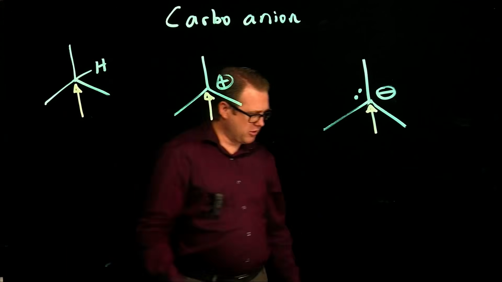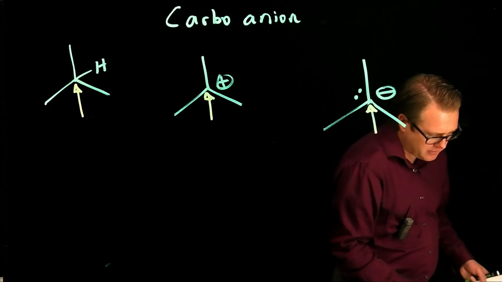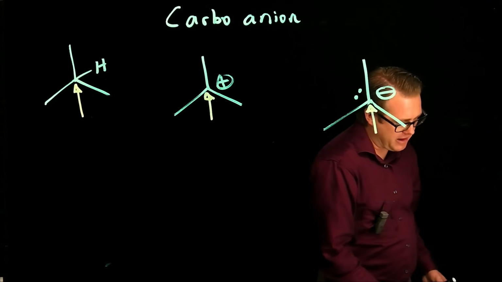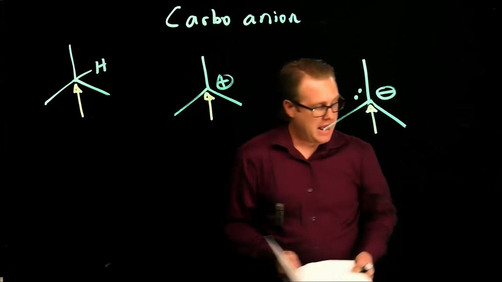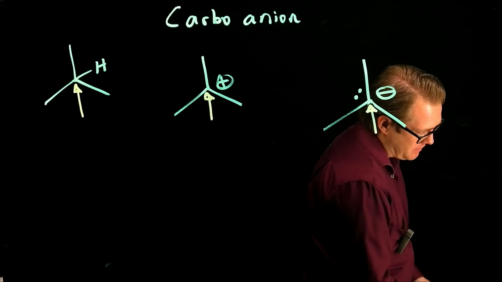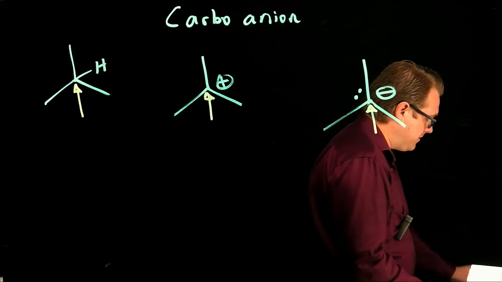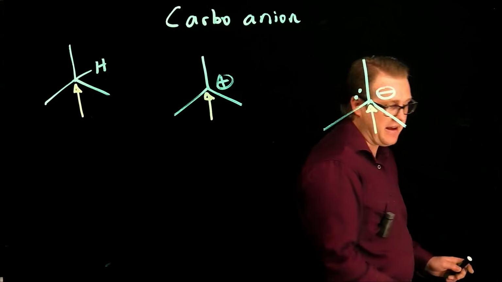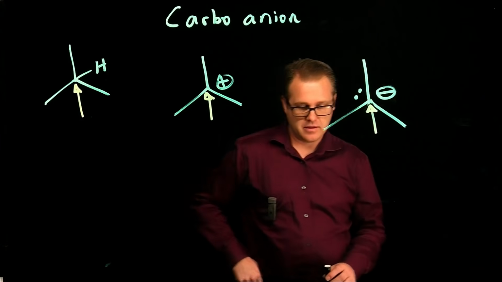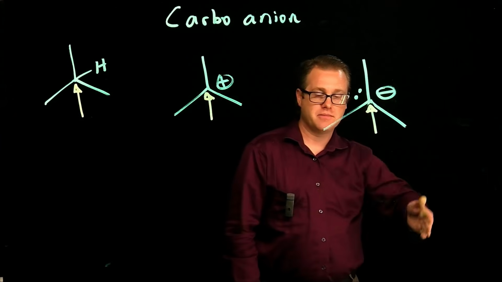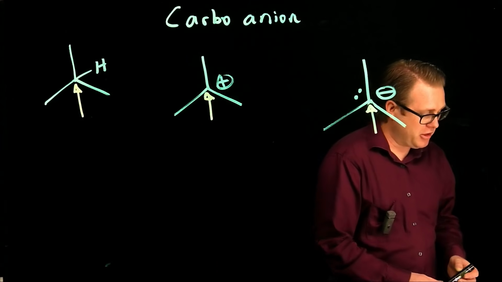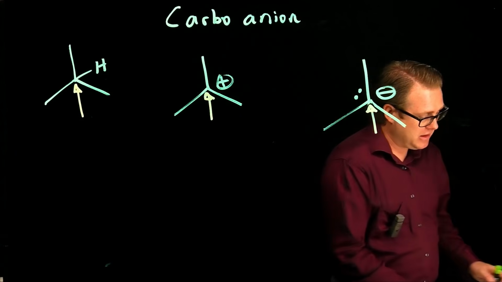Let's see, I'm going to grab my book here. I have my textbook right here, and I'm just looking at a periodic table. When you look at your periodic table, you see that the elements have different groups, and those groups are the vertical columns.